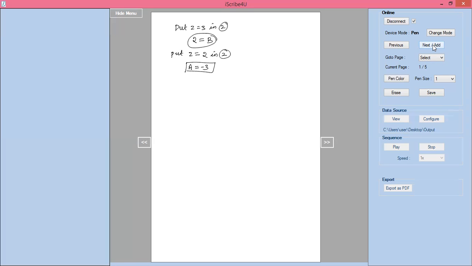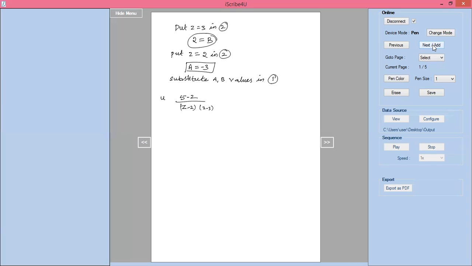Now we can substitute the a, b values in equation number 1. If you substitute in equation 1, you will get (5 minus z) divided by (z minus 2) into (z minus 3).